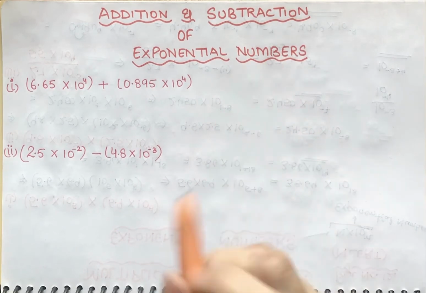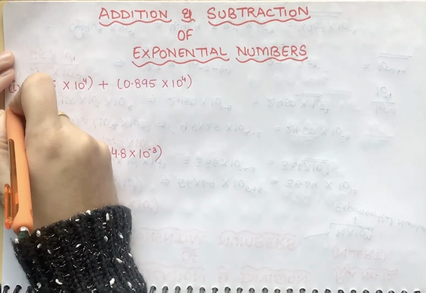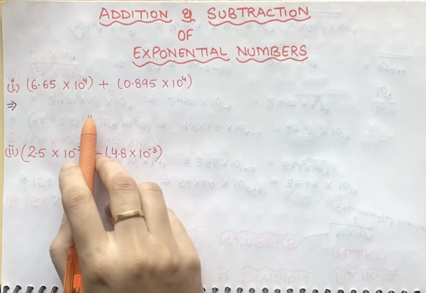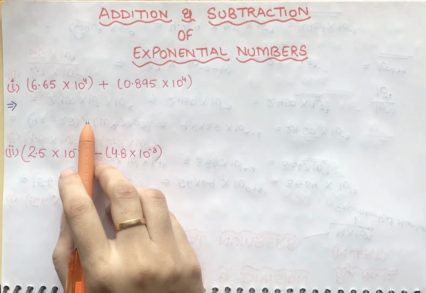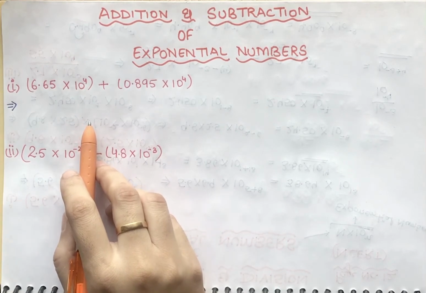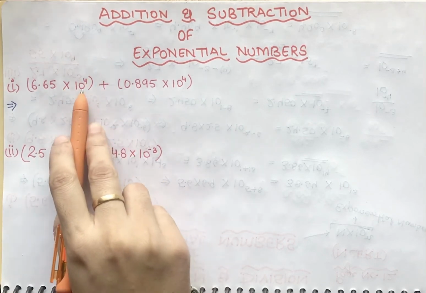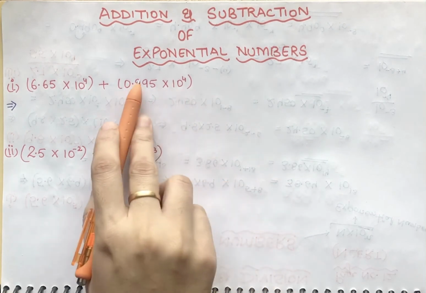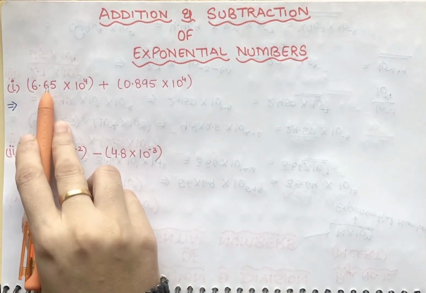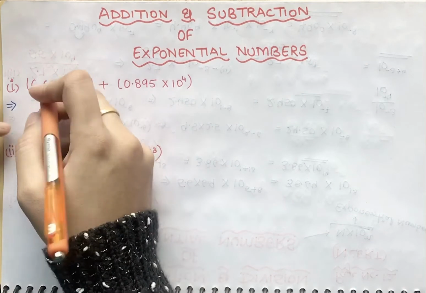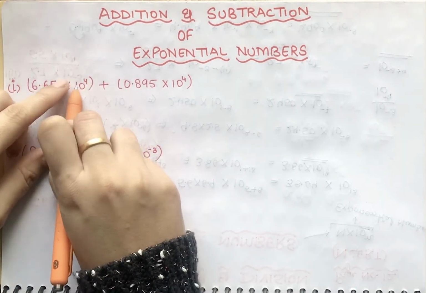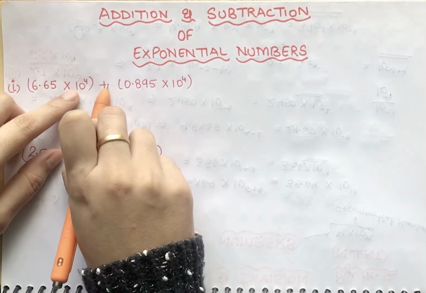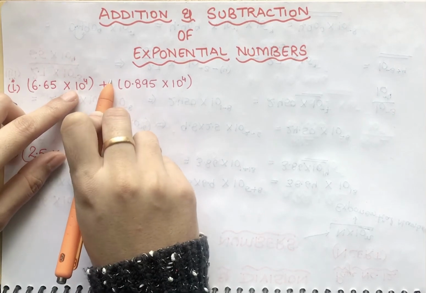First of all, in exponential numbers, while we are adding or subtracting, we should take the powers common. I have to take this power common so that I can subtract or add these values. Here I'm having the same power on both sides, and in between I'm having the sign of addition.